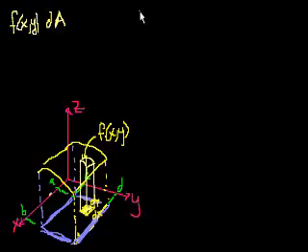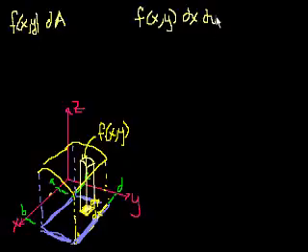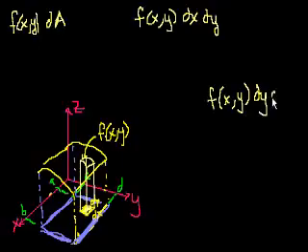So we could also have written this as f of xy times dx times dy. And since multiplication is associative, I could have also written it as f of xy times dy dx.